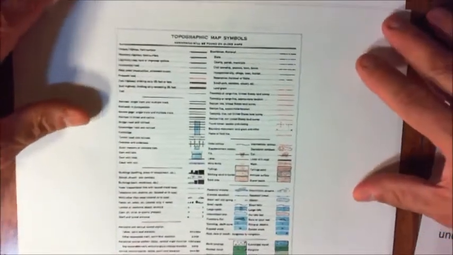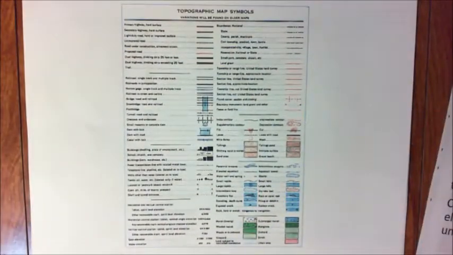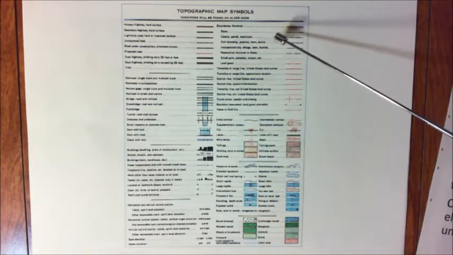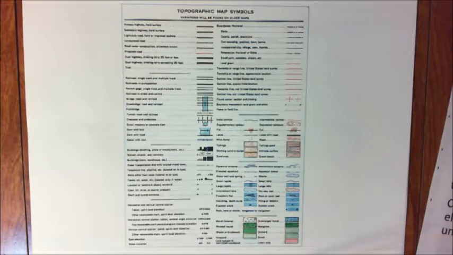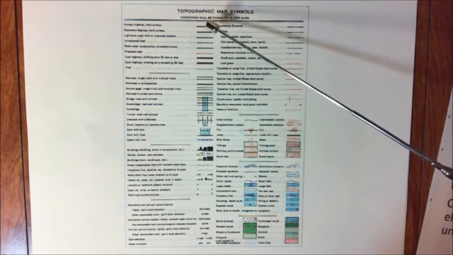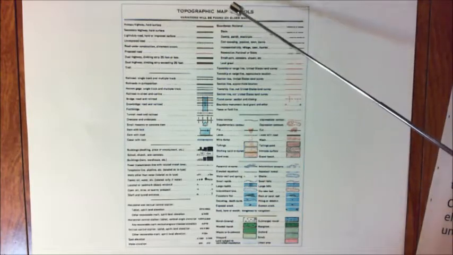All right, now this map legend, I don't know if you can read it at all, but you can see there is a huge number of symbols on this map, and I'll go through them for you. So the red road, it's a primary highway, hard surface.